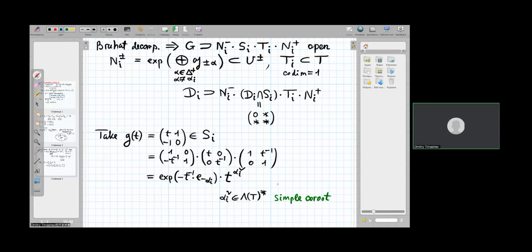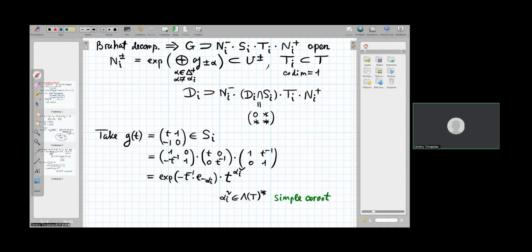If it is a co-root, then it should send the element t, or the character t, to a rational number. Well, what is the rational number it sends to?